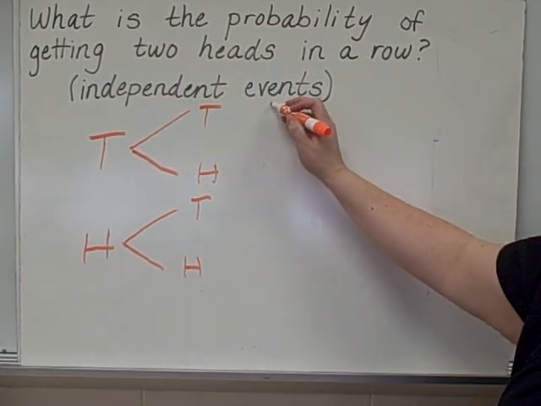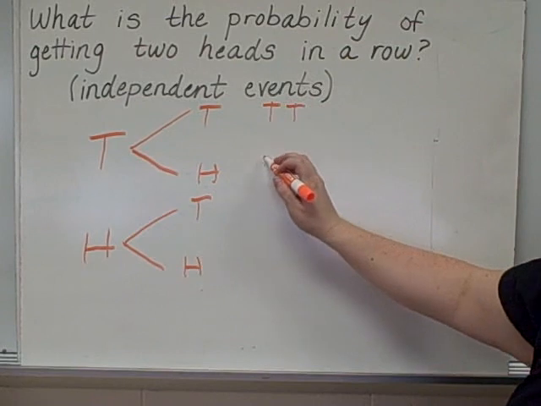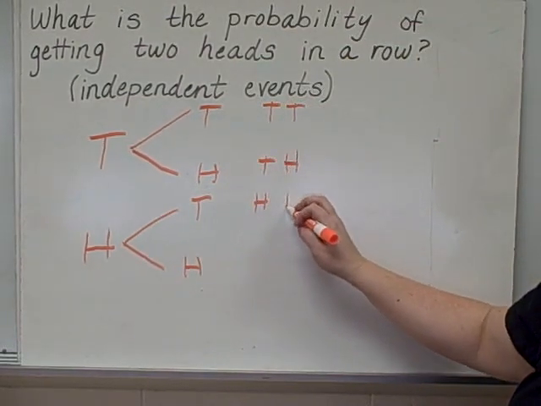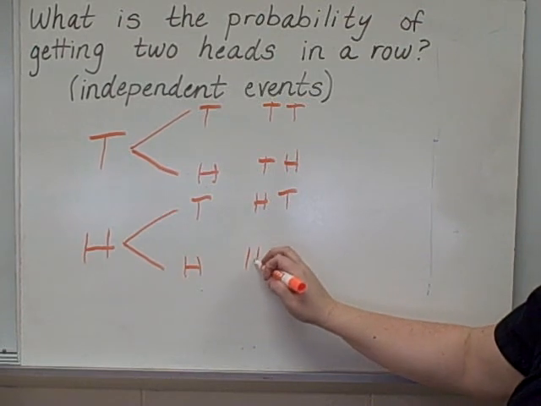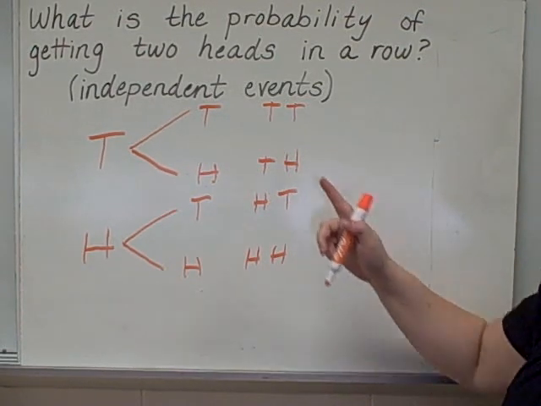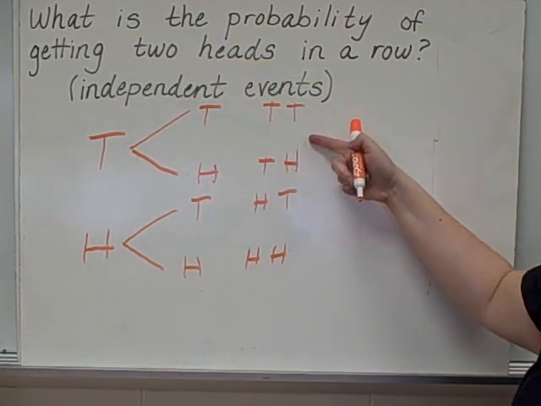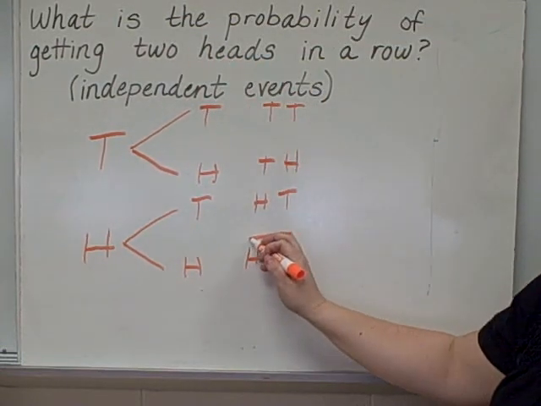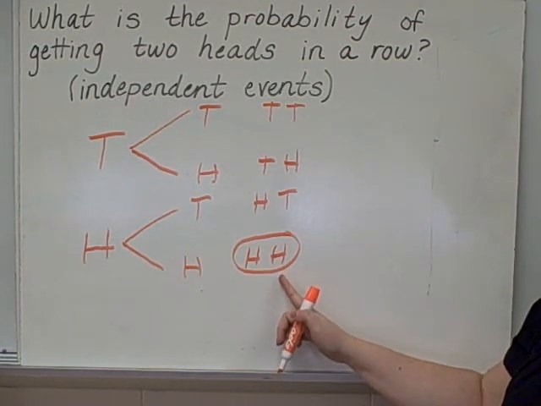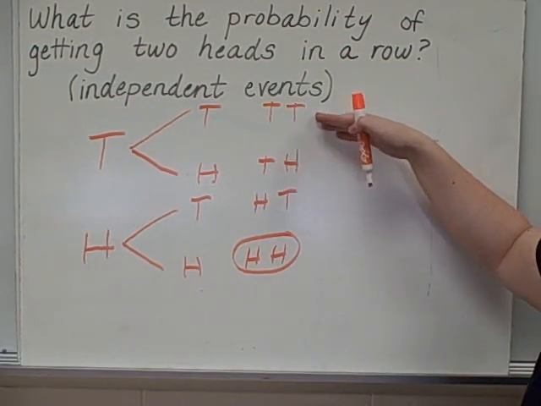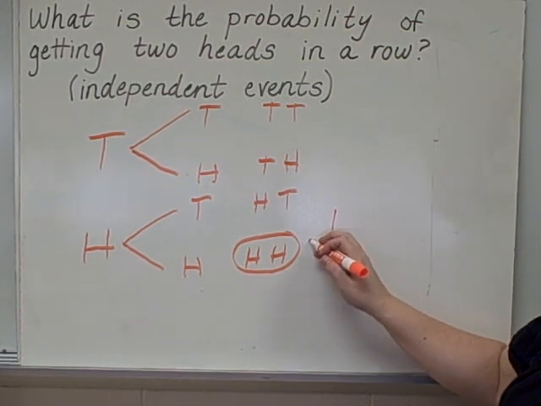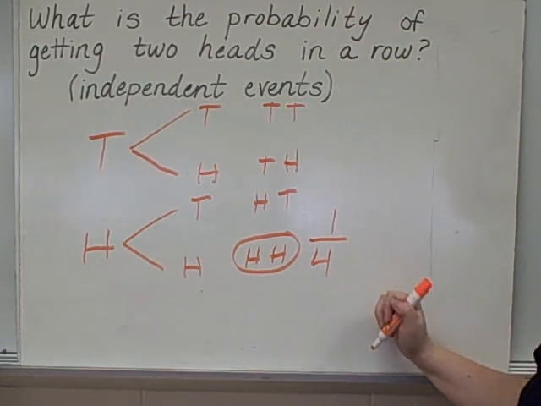So I can either get tails, tails, tails, heads, heads, tails, or heads, heads. Well, we're wanting 2 heads in a row. If we look at our list, our sample space, only one of them is heads, heads. And there are 4 things in our sample space. So that is a 1/4 chance.